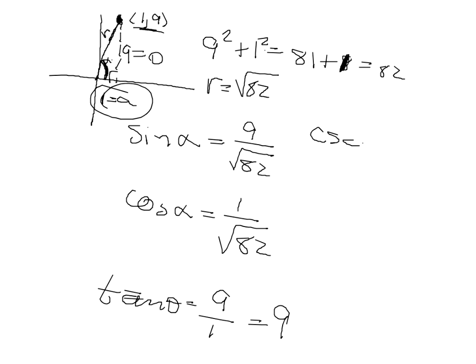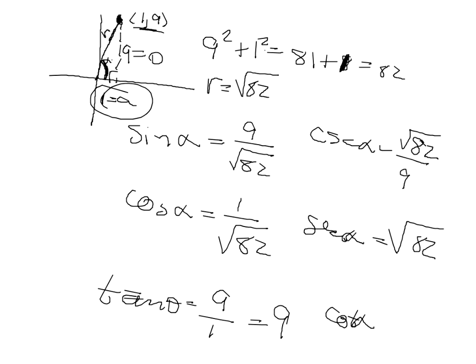And then we have cosecant, which is the reciprocal of sine. We have secant, which is the reciprocal of cosine. And we have cotangent, which is the reciprocal of tangent. There's our 6 trig functions.